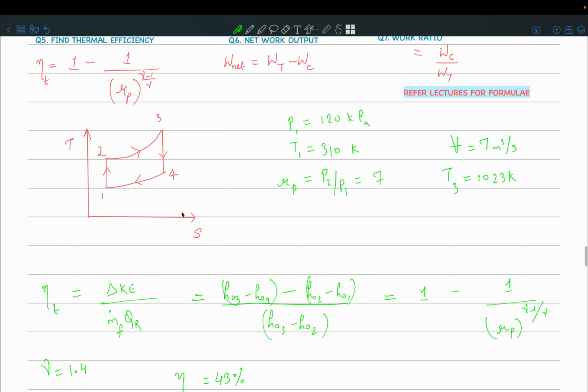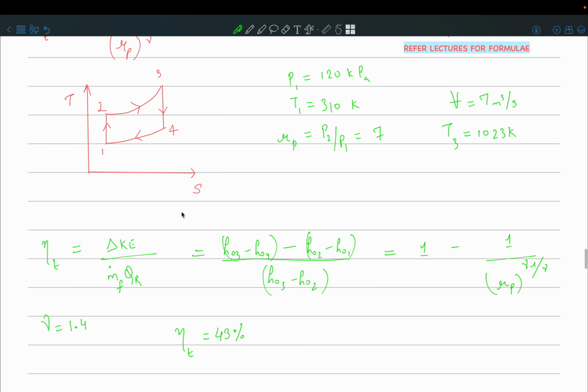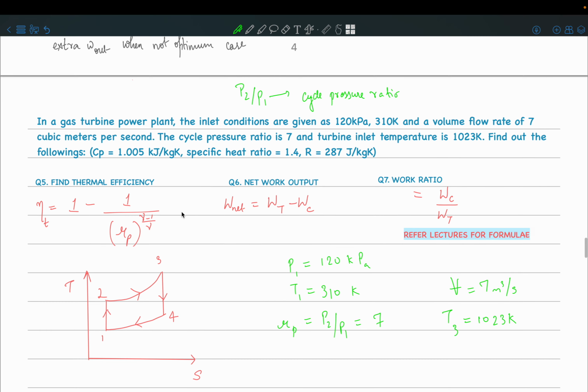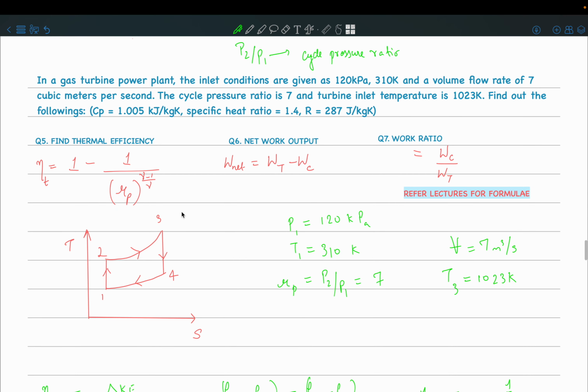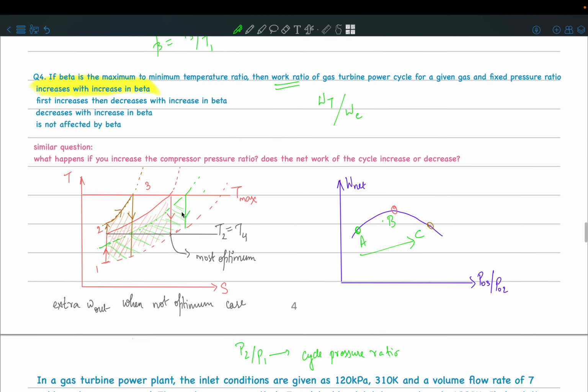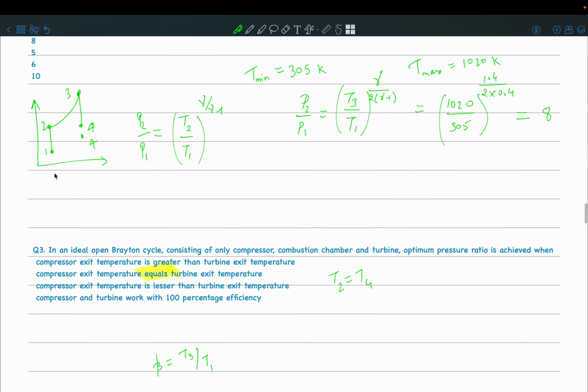Do we have the pressure ratio? So in an ideal gas turbine power plant, or in an ideal Brayton cycle, what is the pressure ratio for a turbine? So going back to this diagram, and going back to question 3.